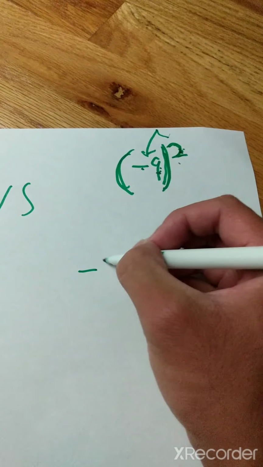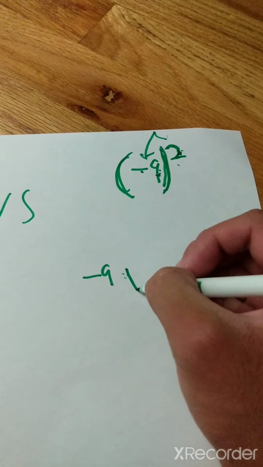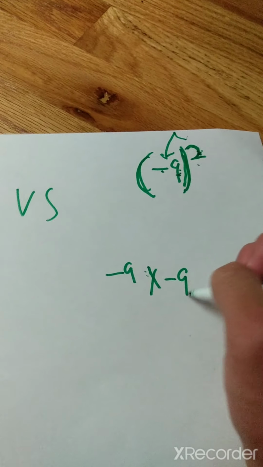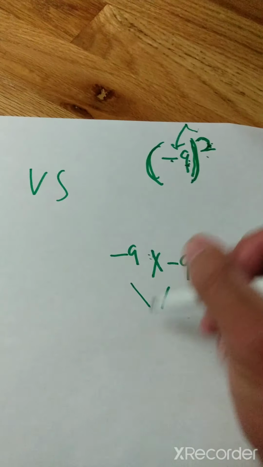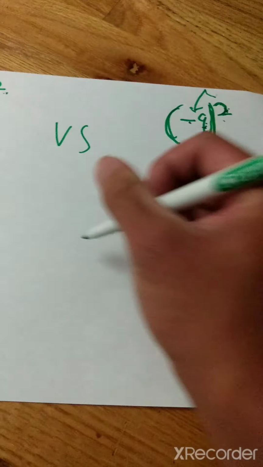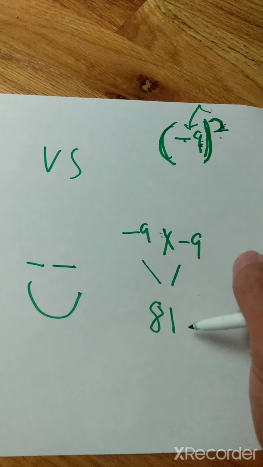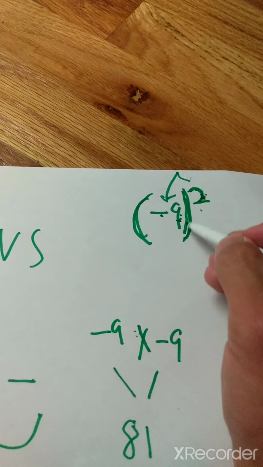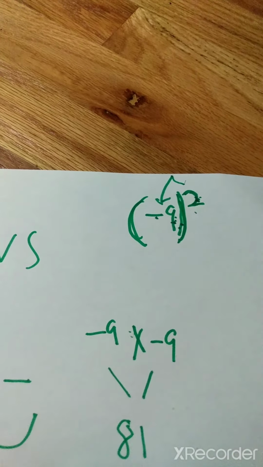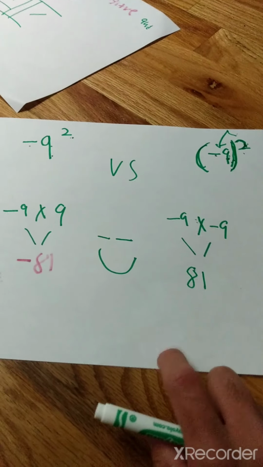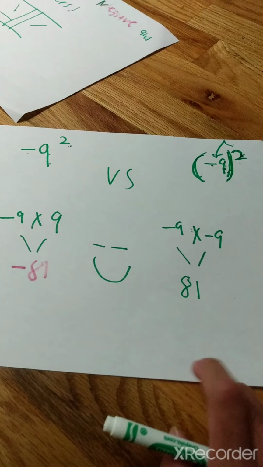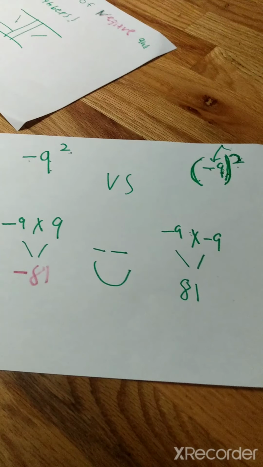So we're going to have negative 9 multiplied by negative 9, and that will eventually become 81. A negative multiplied by a negative is a positive, so we have 81. That's with the parentheses. We have learned this in our past year of learning exponents and numbers.